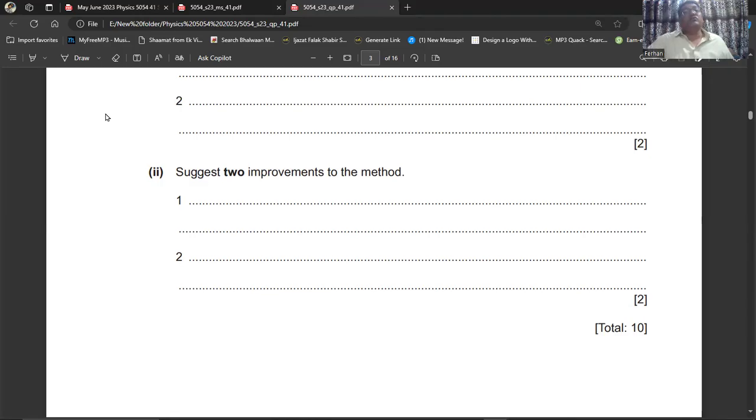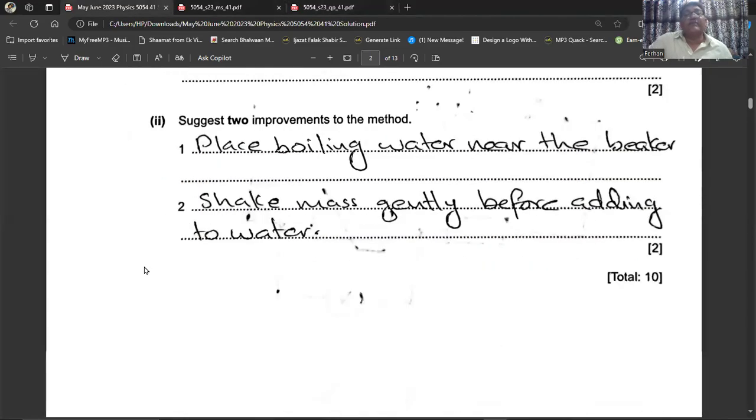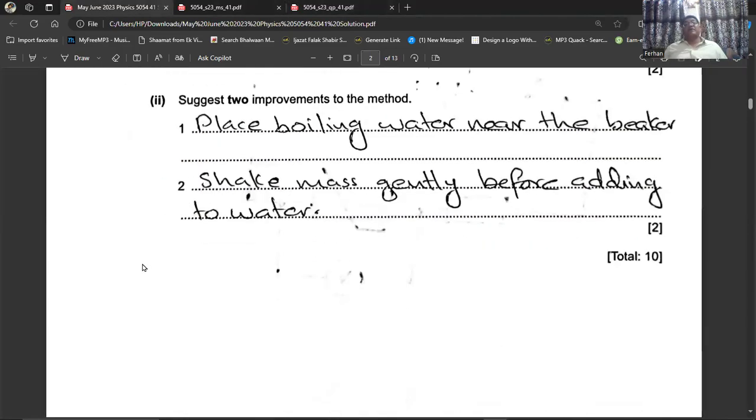Another thing you can do is bring the boiling water apparatus near your workstation. So place the boiling water near the beaker where you are working, and shake the mass gently before adding to water.